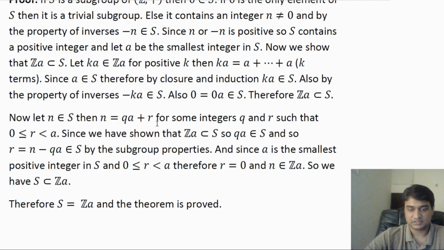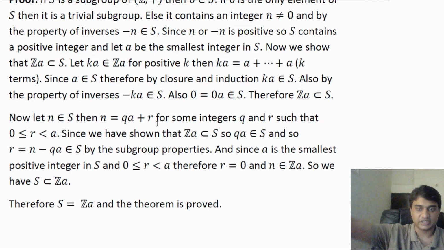If you just picture the set of multiples of a: 1 times a, 2 times a, minus 1 times a, minus 2 times a, 0, then you see that any integer n, you can reach it by multiplying a with some integer and then adding to it an integer between 0 and a, right?